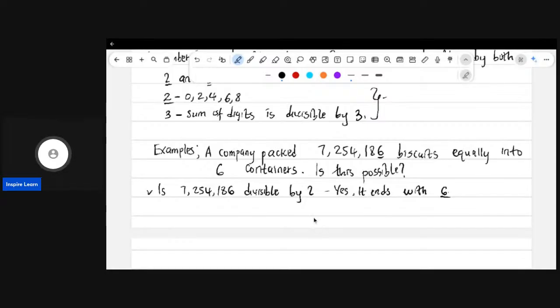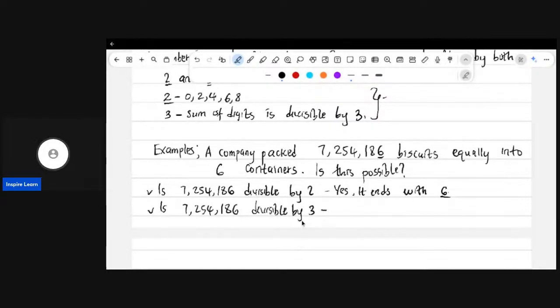So the second question that we need to ask ourselves is, is this number 7,254,186 divisible by 3? And what did we say?